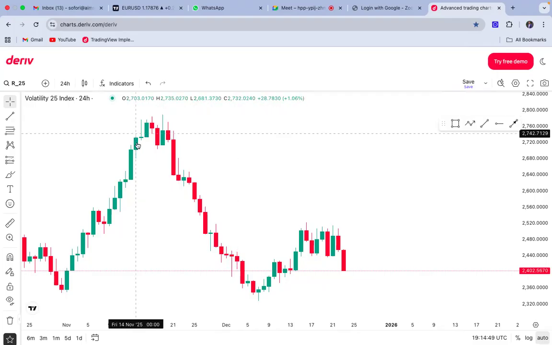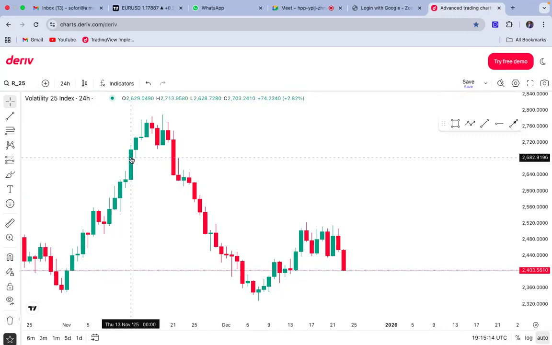So I'm going to put it back to this candle. Now let's read the opening price and then the closing price. This candle opened at 2,629.04, right? And then the highest of this candle was 2,713.95.